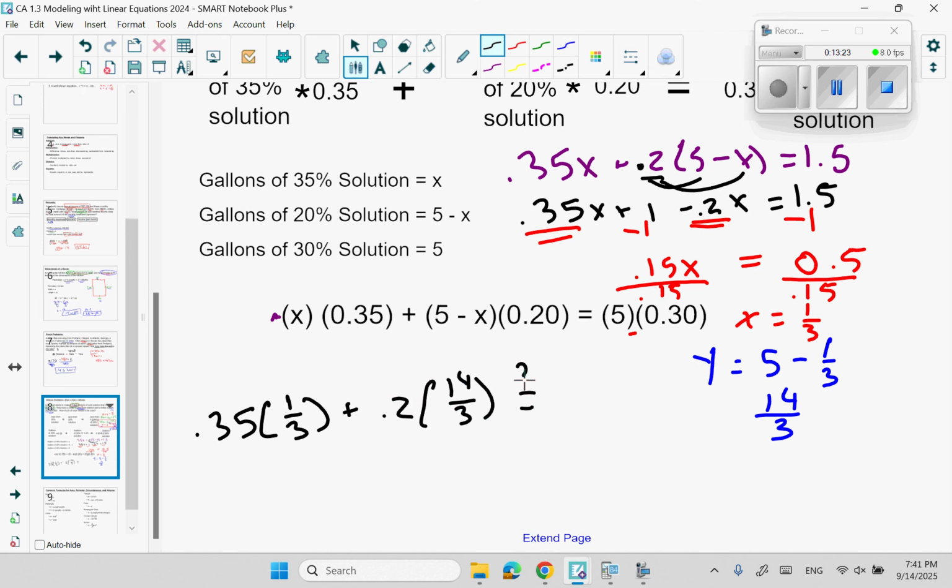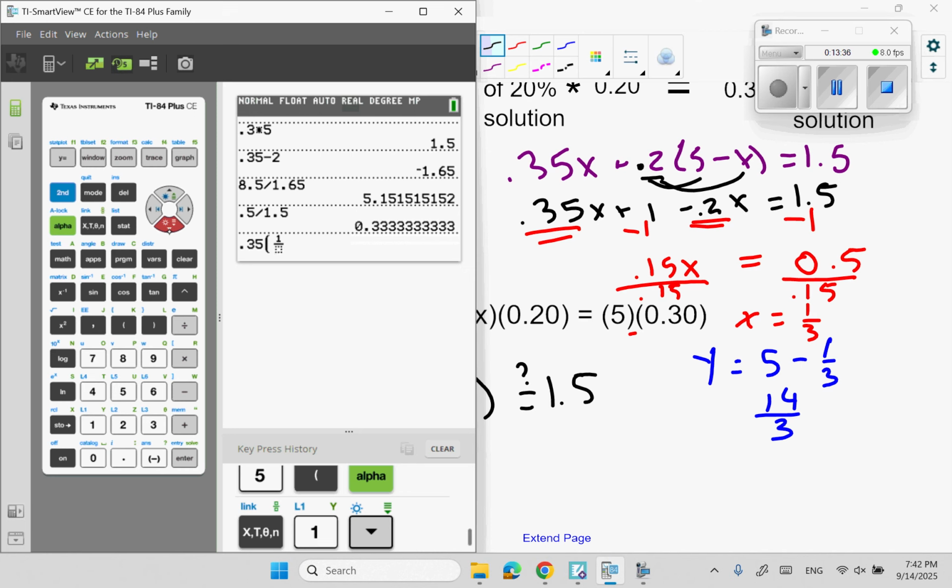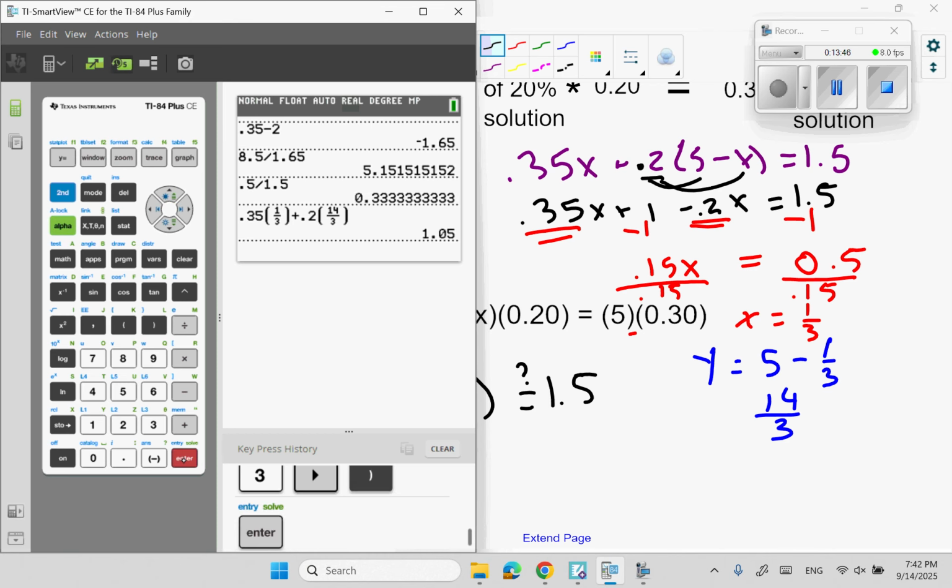Does it equal 1.5? 0.35, 1/3, plus 0.2, 14/3, 1.05. What the heck? Where did we go wrong?